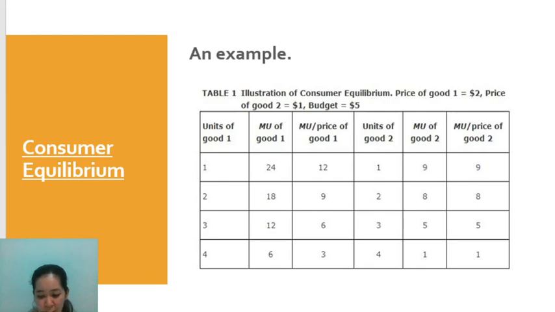She can afford to do so because the second unit of good number 1 costs only $2, and the first unit of good number 2 is $1. So that is now equal to $5. This is the level of consumer equilibrium, meaning the consumer will purchase 2 units of good number 1 and 1 unit of good number 2.